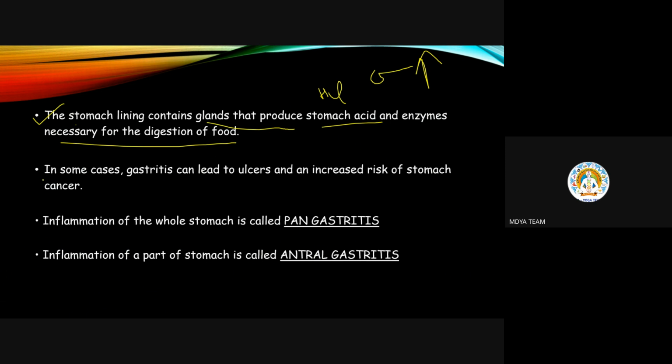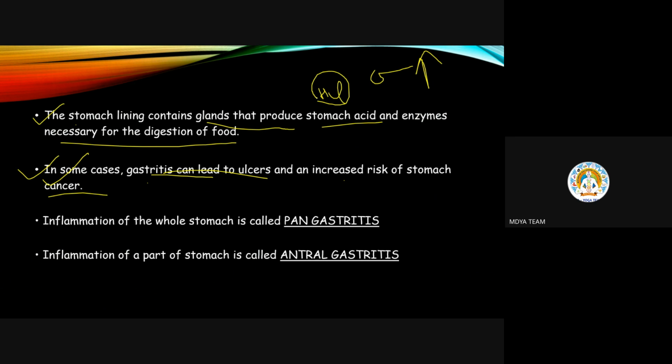In some cases, gastritis can lead to ulcers. Of course, long-term gastritis can lead to ulcers and an increased risk of stomach cancer. This could be that harmful for us. If the HCl or stomach acid is not in a moderate amount, or is in a large amount, it can lead to damage.